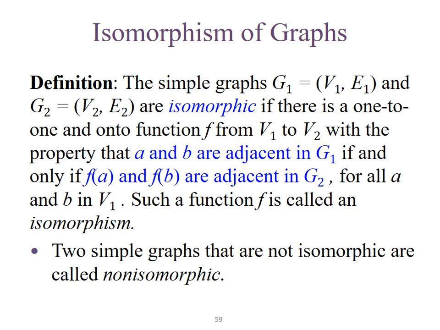That means if A and B are adjacent in G1, then f(A) and f(B) are also adjacent in G2. If they're not, we call them non-isomorphic graphs.